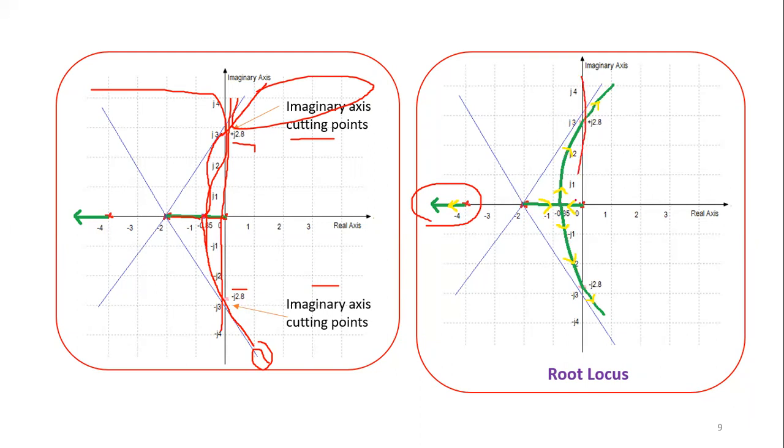On the left half of the S-plane, the system is stable. When we increase the K value up to 48, at this point the system gain is 48. So up to 48, the pole locations are on the left half of the S-plane and the system will be stable. If K equals exactly 48, the pole locations are on the imaginary axis, which means marginally stable.